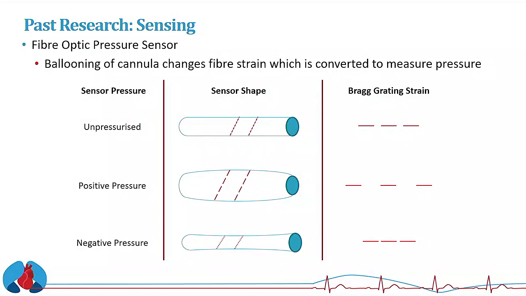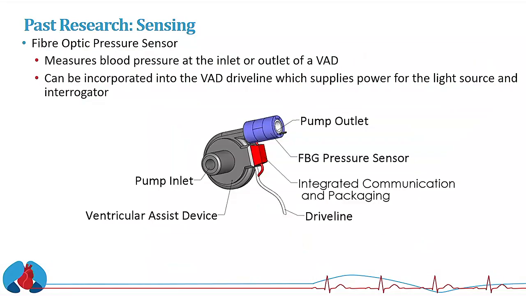What happens with the Bragg grating is under positive pressure, the cannula balloons outward, the segments get stretched, and that correlates to a shift in the Bragg wavelength, which is reflected. Similarly, under negative pressure, the balloon squishes in, and we can measure that. So we characterized that sensor, and it was pretty good. And then we looked at integrating it into a VAD.